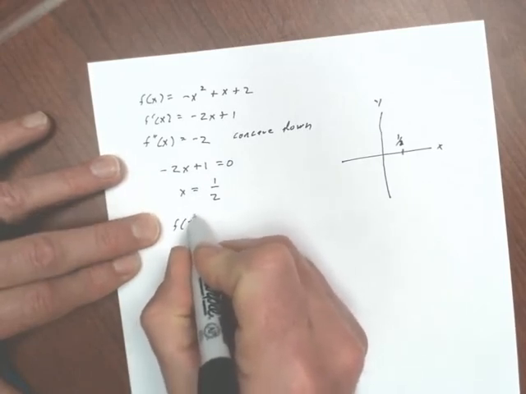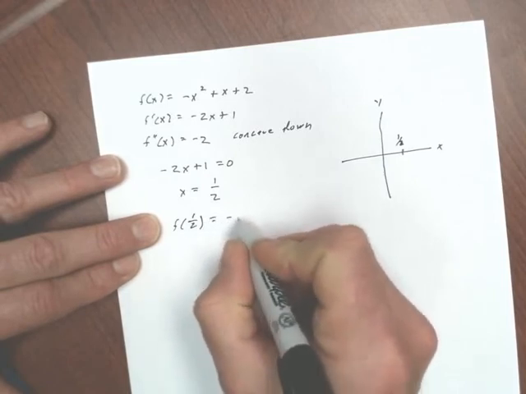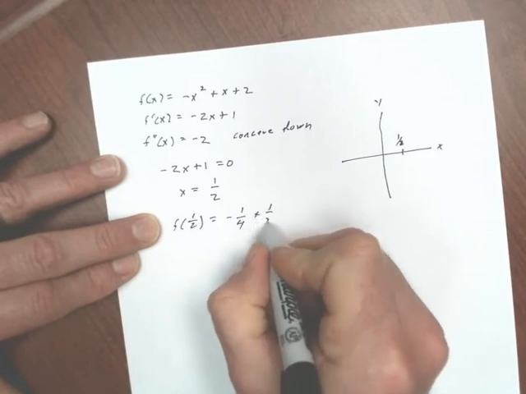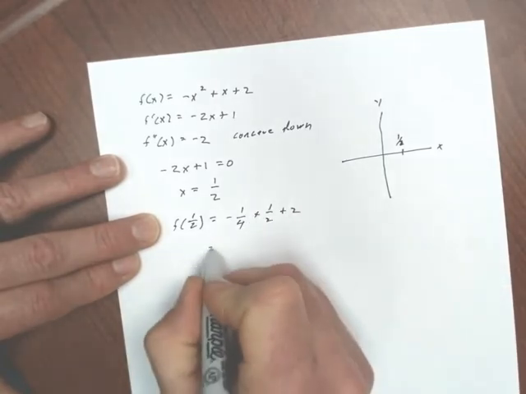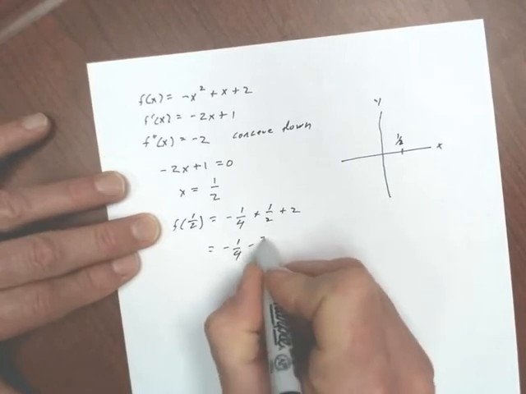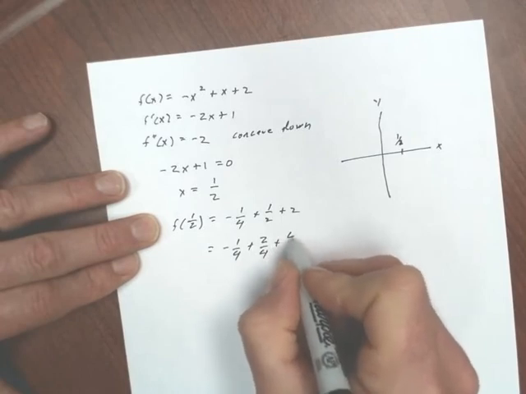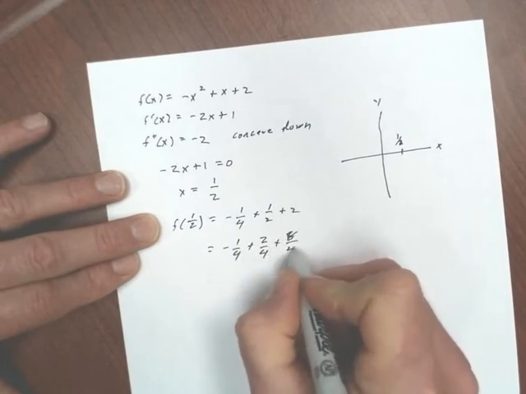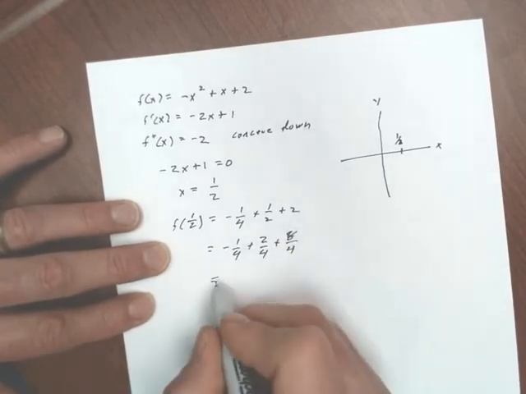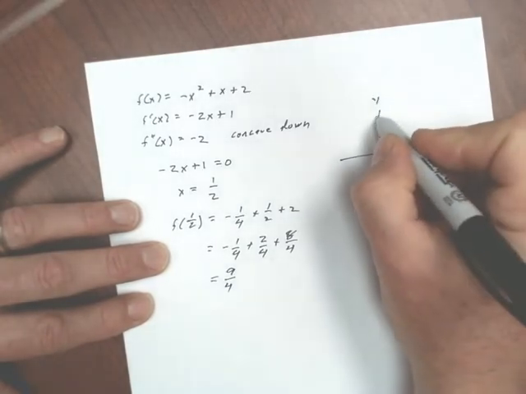So that is f of 1/2, which equals -1/4 plus 1/2 plus 2, which equals -1/4 plus 2/4 plus 8/4, which equals 9/4, about 2 1/4.